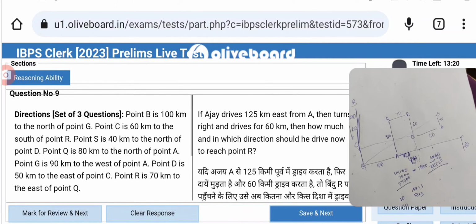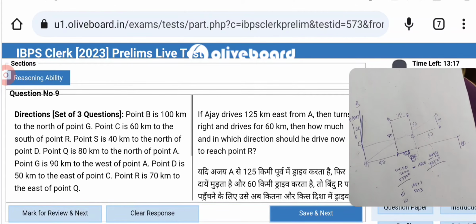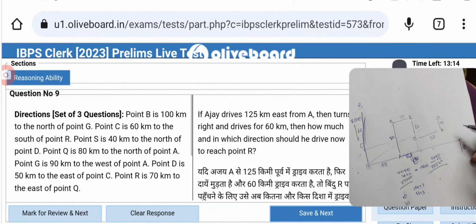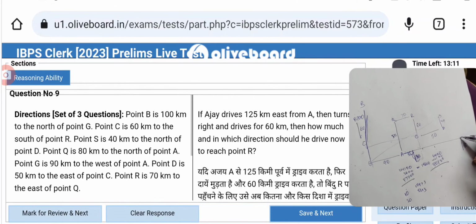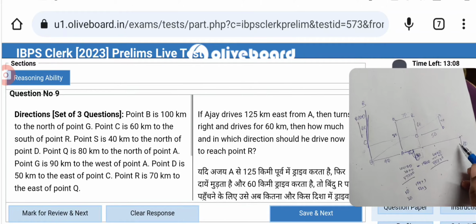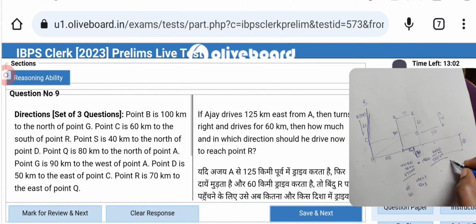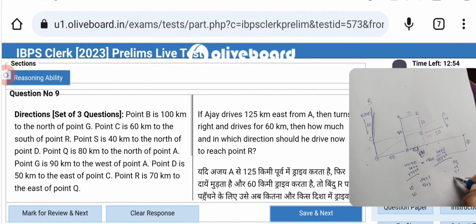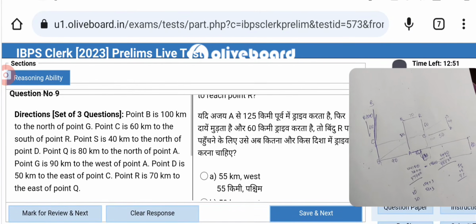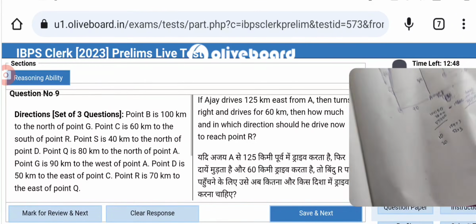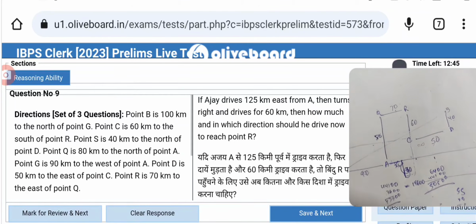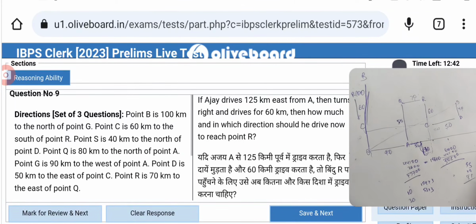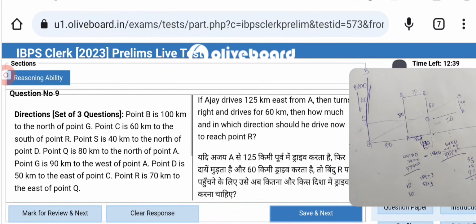Drive now to reach R. O means west, west 55, and 80. Which direction should he go now to reach O? So 195.